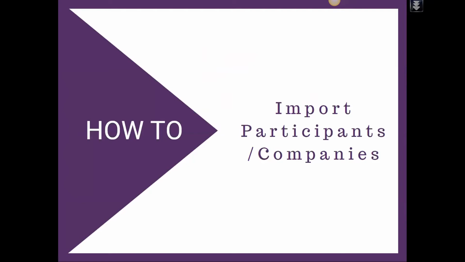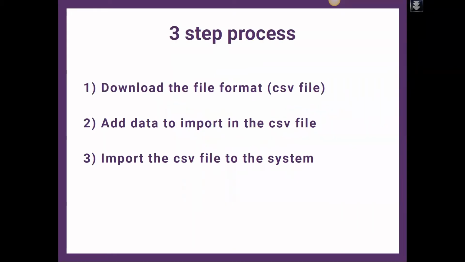In this video, I'm going to cover how to import participants or companies. For importing participants and companies, it's a three-step process. Firstly, you need to download the file format, which is a CSV file from the system, so that you have to follow the format given by the system.